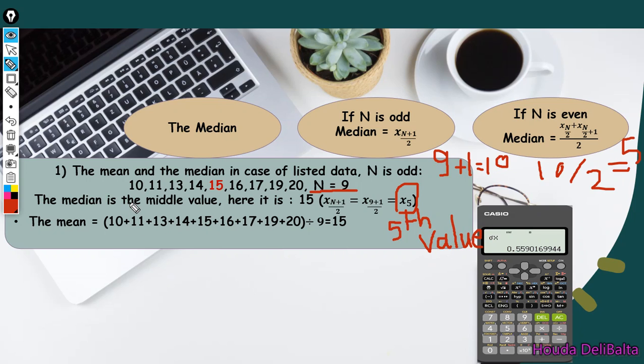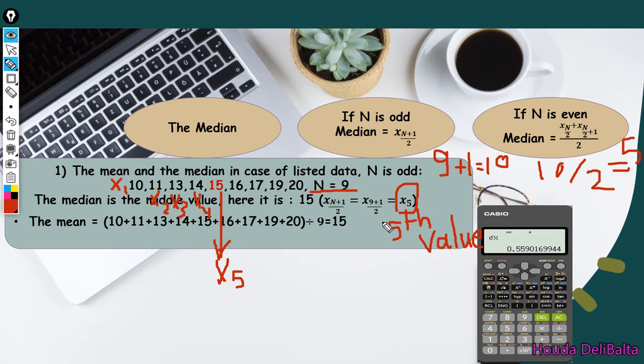Let's start with the median, sorry. Let's start: x1, x2, x3, x4, and here is x5, which is the median.